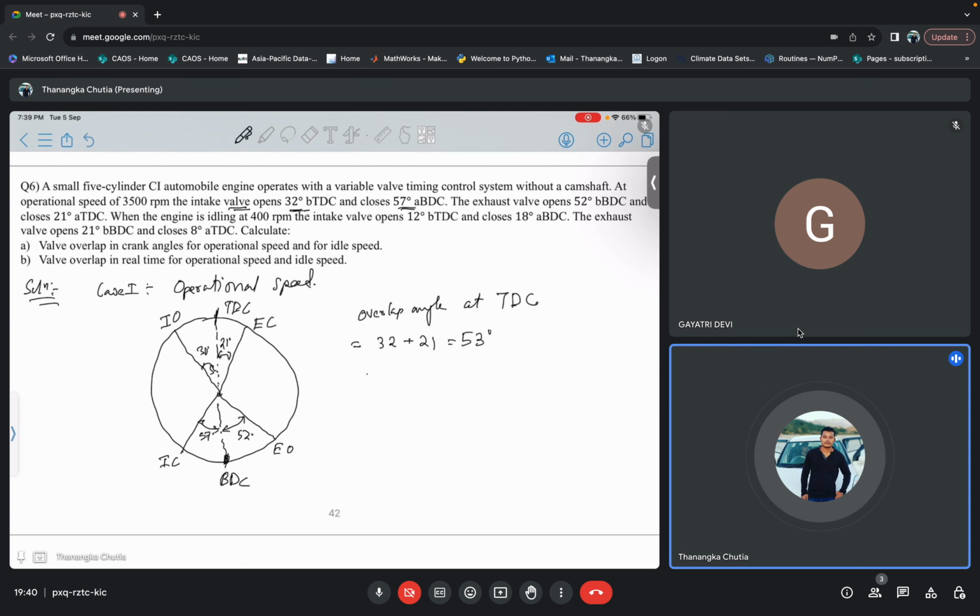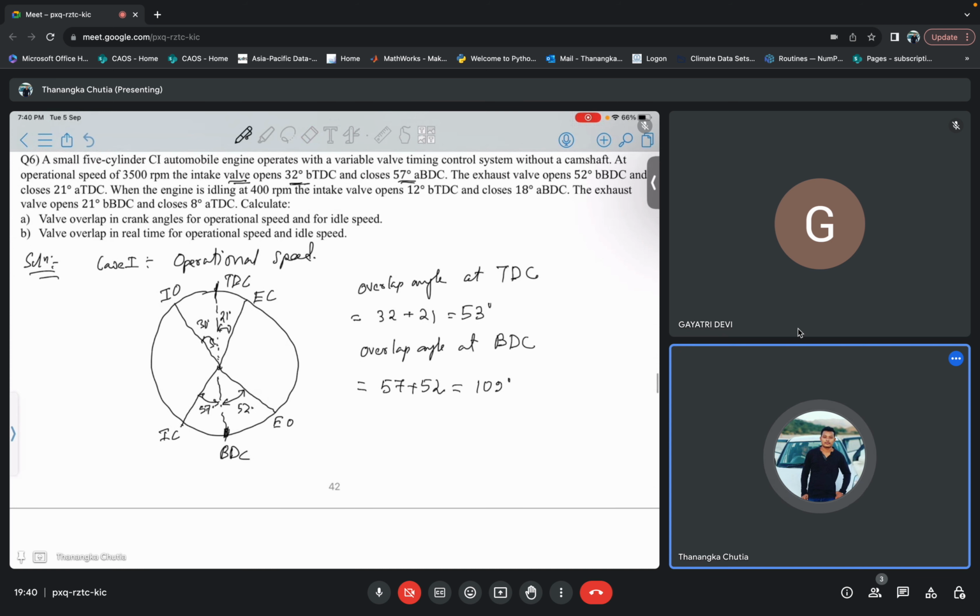Overlap angle at BDC will be 57 plus 52, and that is equal to 109 degree per 360 degree rotation. Now this is your overlap angle in crank angles.